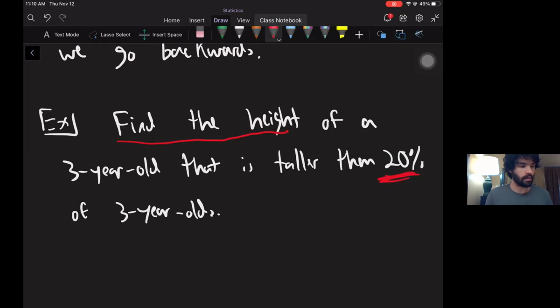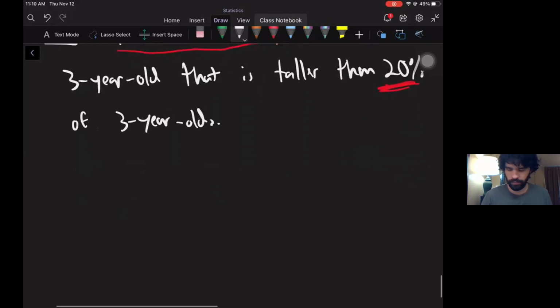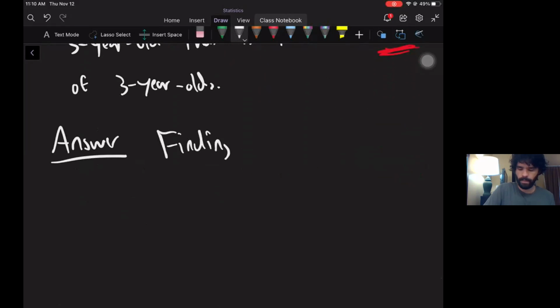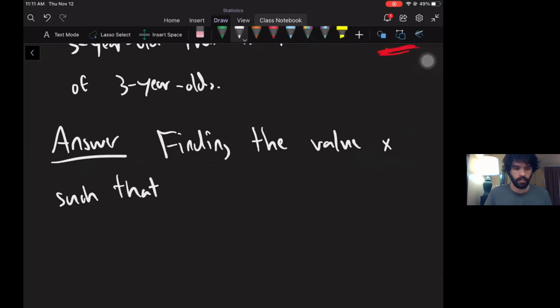Okay, so let's do this by trying to make it sort of methodical. And the first thing we're going to do is we're going to reframe the question. So what we're really doing is we're finding the value or the data point, little x, that's the height, where 20% of the area is above that height.